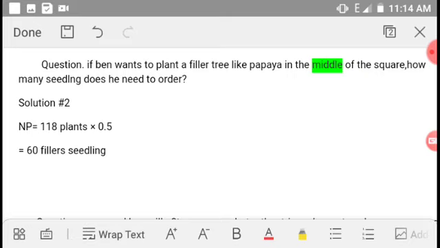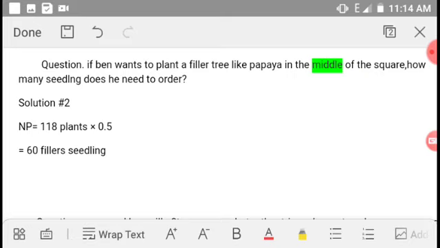Question. Continuation siya. If Ben wants to plant a filler tree like papaya in the middle of a square, how many seedlings does he need to order? So, maglalagay siya ng filler. Di ba nakagawa na tayo ng square? Natamnan na siya sa bawat sulok. Ngayon, lalagyan niya lang ng filler sa gitna.